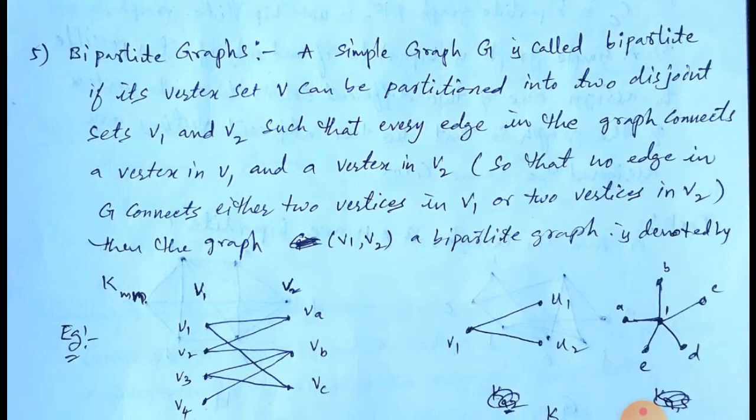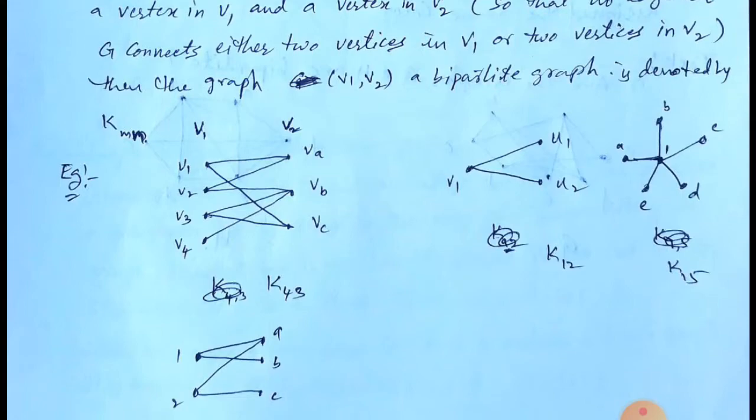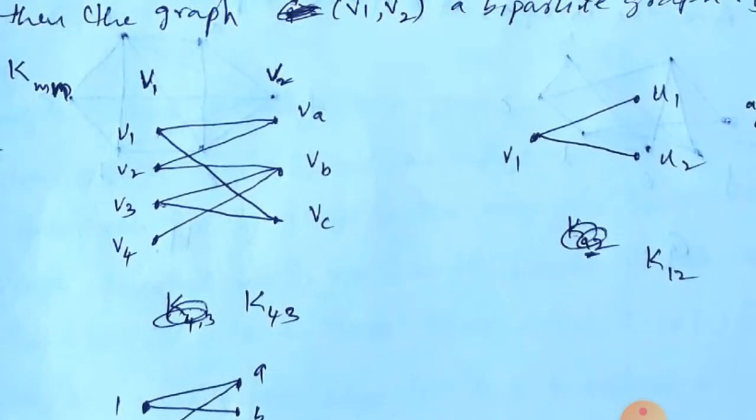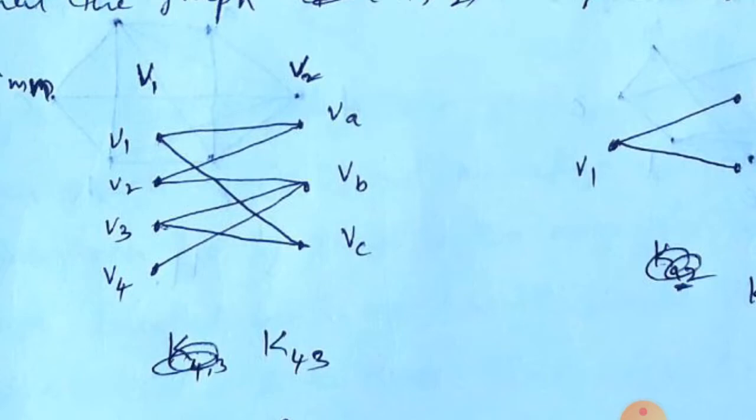So no edge in G connects either two vertices in V1 or two vertices in V2. Then the graph (V1, V2), a bipartite graph, is denoted by Kmn. For example, K43 means 4 vertices in the first set, 3 vertices in the second set. Now observe the K43 graph.